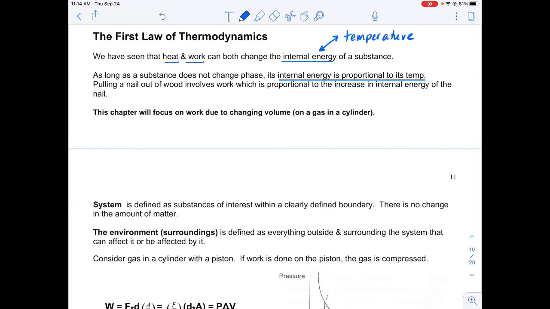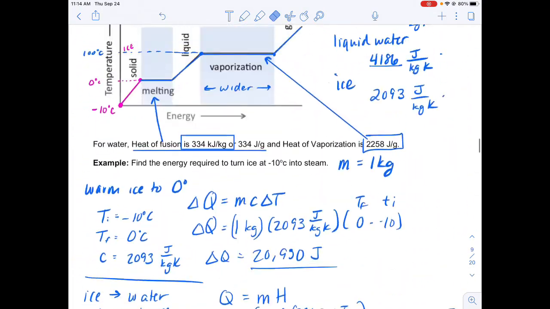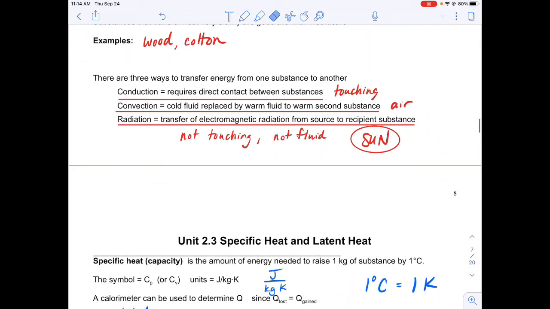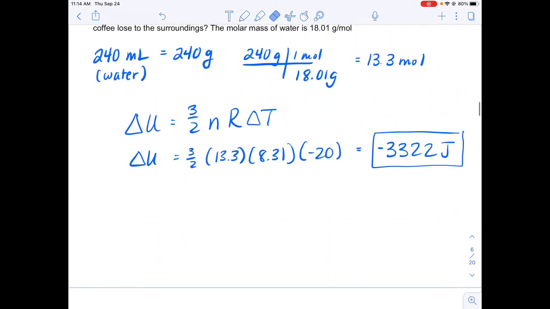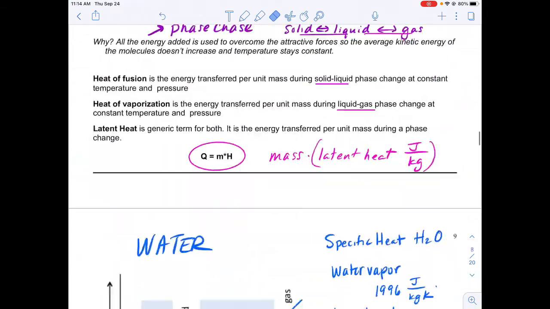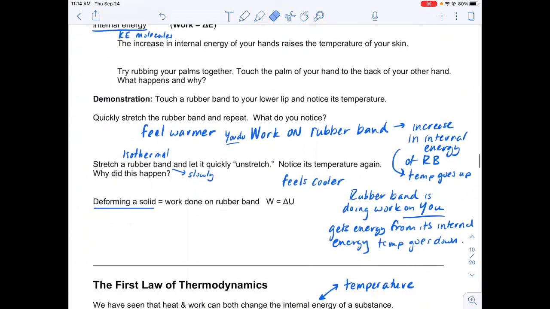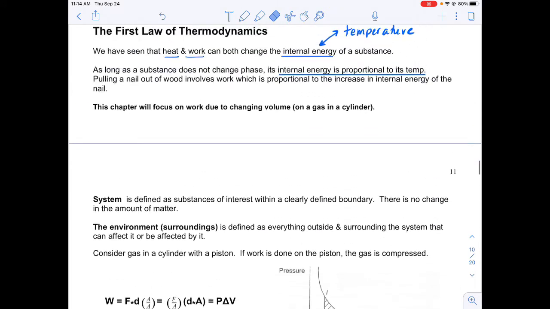Okay, and we did have a formula, the change in kinetic energy. Actually, let me go back and look. I don't want to mess it up. Here we are. The change in internal energy, delta U, equals 3/2 nR delta T. There we go. And that delta U is equivalent to the kinetic energy of the substance.